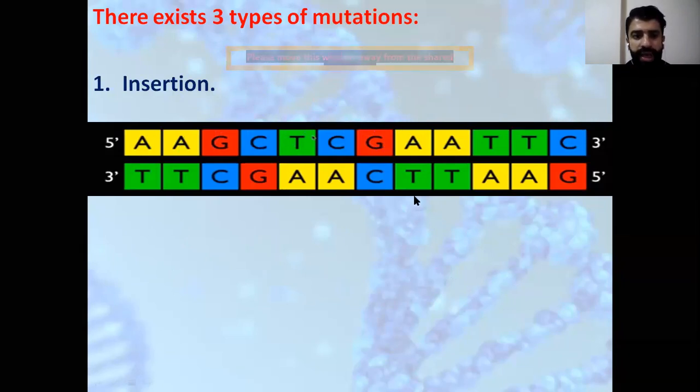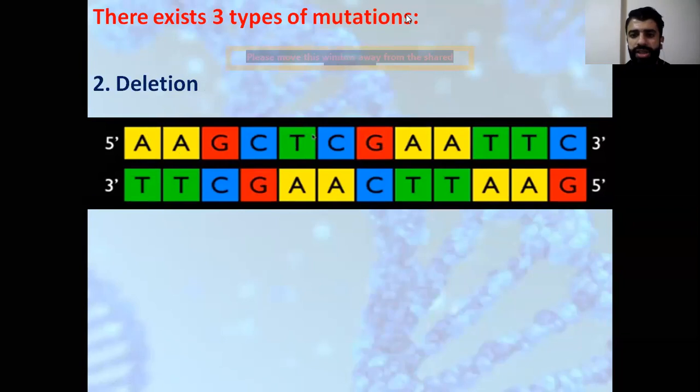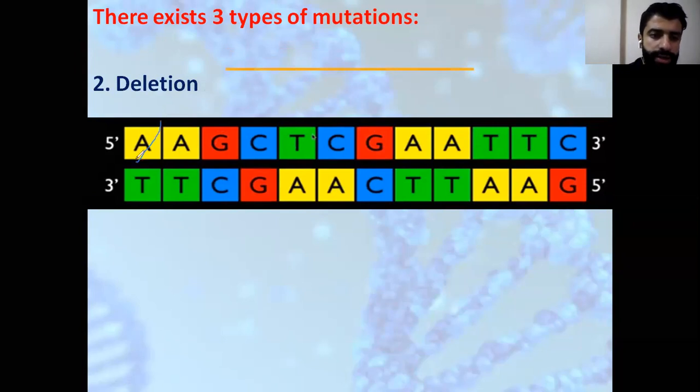The second type of mutation is called deletion. Deletion, what do we do? I delete 1 of the nucleotides. For example, I'm going to delete the first nucleotide, this one. Okay? When deleting, the rest are going to be shifted to this side.